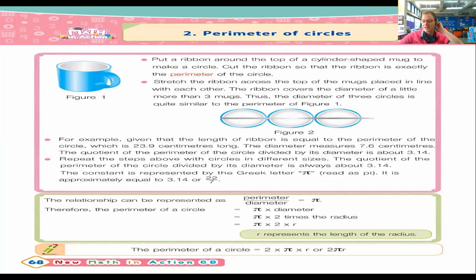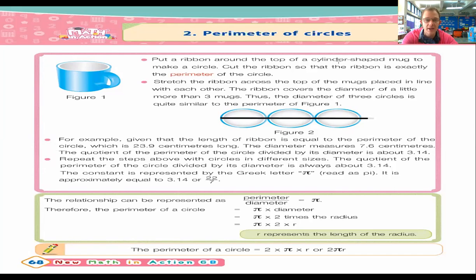Then you can take the same mugs and put them next to each other. You will see that the perimeter of the circle is a little bit more than 3 times the diameter. So this is mark number 1, mark number 2, and just a little bit extra, mark number 3.